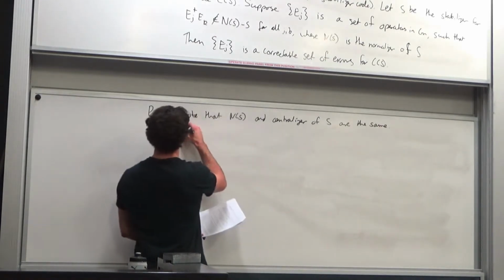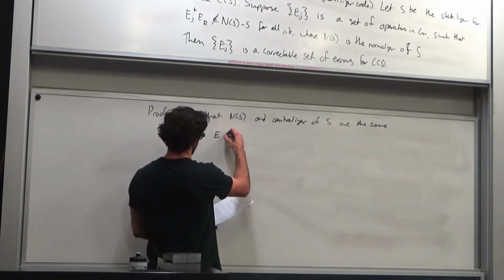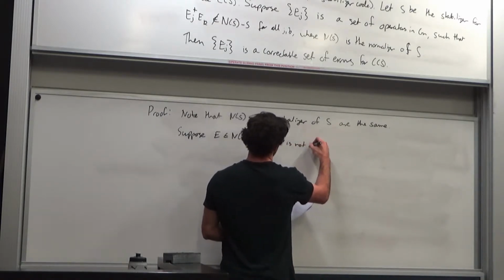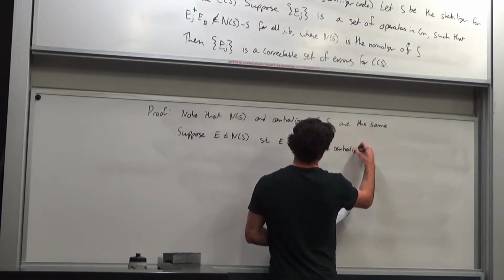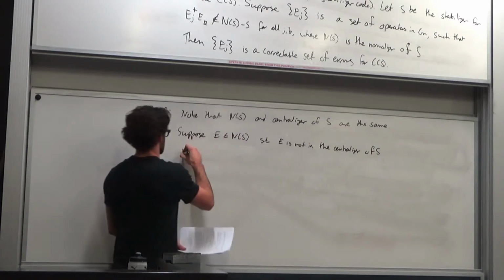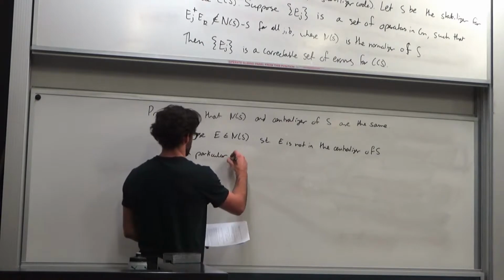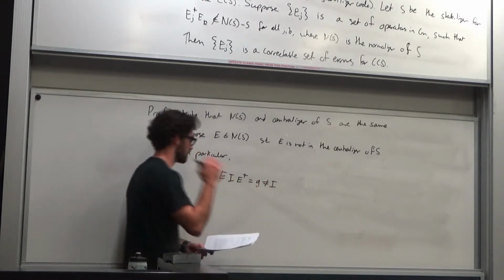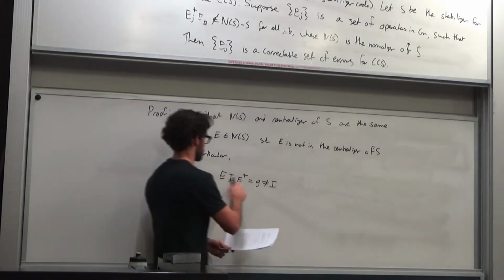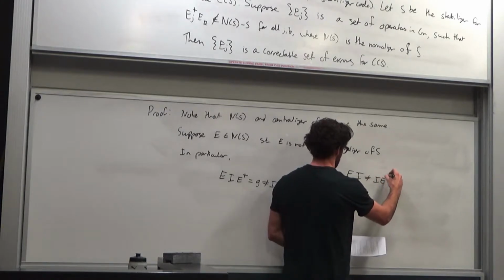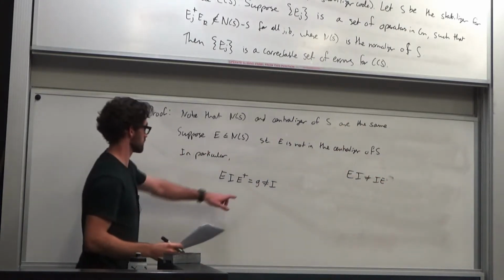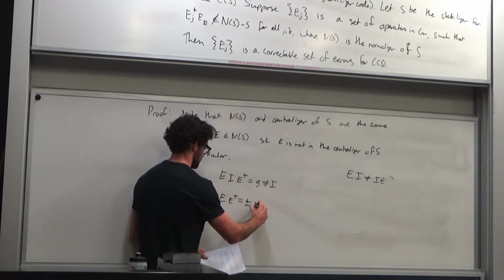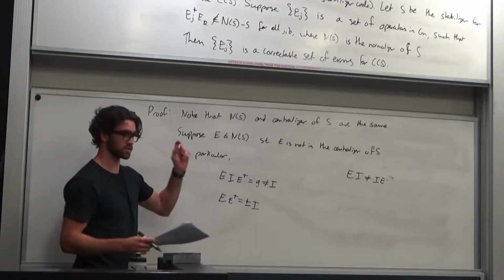So in particular, if it's not in the centralizer, then we have that E I is not equal to I. So we're assuming it's equal to some other element that's not I, but as we already talked about, we can only have these two cases for these E and Gn.